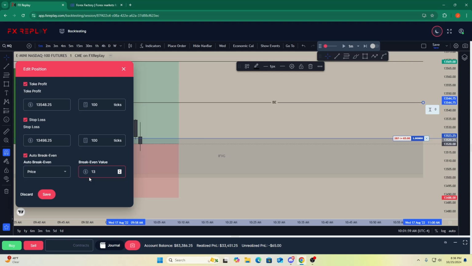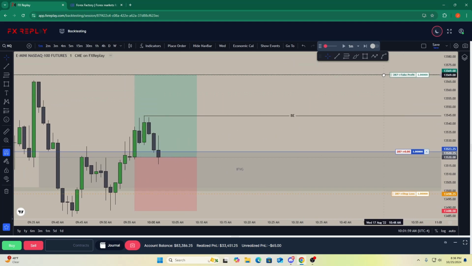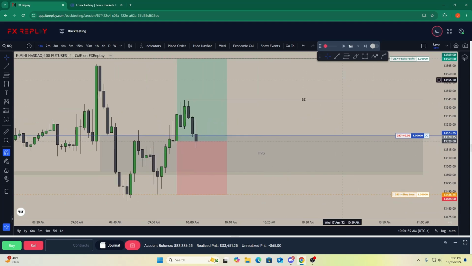It's going to be 135.44, 35. Cool. Again, unfilled 15. Stops at the swing low. And this is the trade we're looking at.